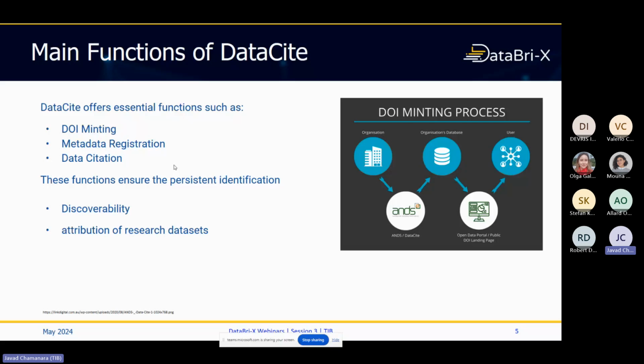And then you request a DOI. That will be automatically validated by DataCite, and also someone will look at that. And then you will receive the DOI so that you can use it. And the landing page will be set up for you, either at DataCite or at the member organization that has accepted your request.